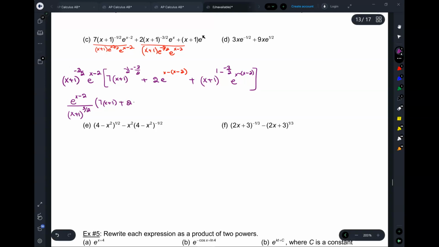Plus 2 times e to the power of what? When you distribute, you just get a 2 plus x plus 1 to the power of what? 5 over 2 times e squared. And that is the final answer.